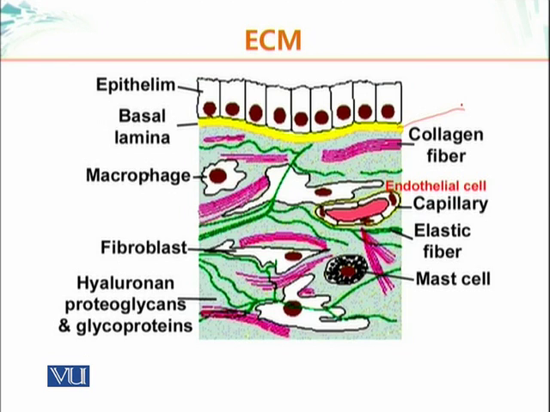Also, this contains different elastic fibers, which are shown here in green. In this part of the tissue, we also have macrophages. We talked about them when we were discussing the immune system. Here you can see there's a capillary and also the endothelial cells which form the lining of a capillary through which blood flows. Also, you would notice that there is a dark object here.